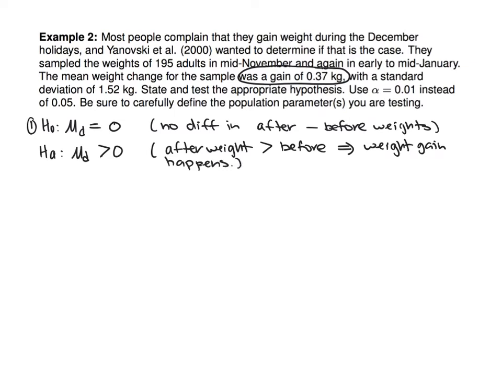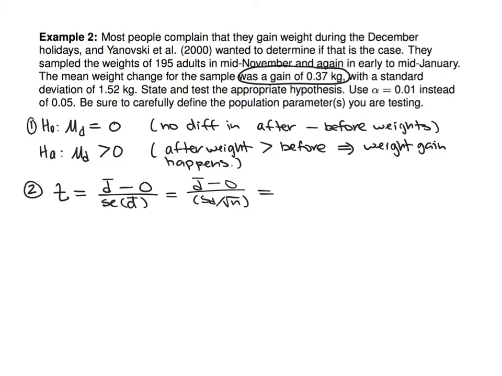Second is to find the test statistic, which is a t statistic, so clearly state that. T is d bar minus 0 over the standard error of d bar, or d bar minus 0 over s sub d over root n.